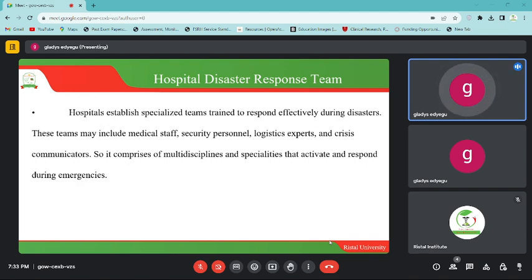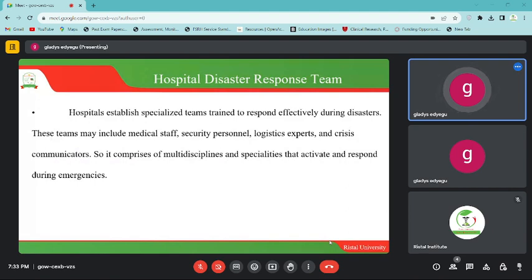So it comprises multiple disciplines and specialties that activate and respond during emergencies. Having mentioned the medical staff, security personnel, logistics expertise, and crisis communicators, that comprises a multidisciplinary team.